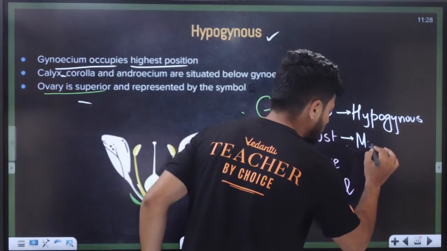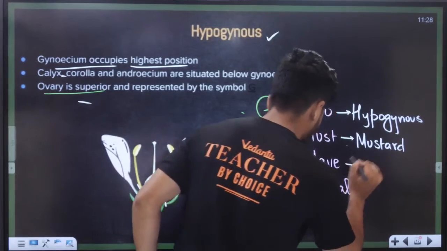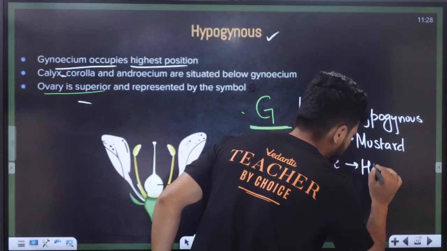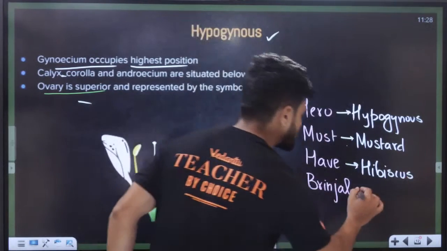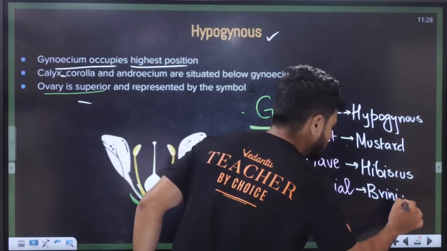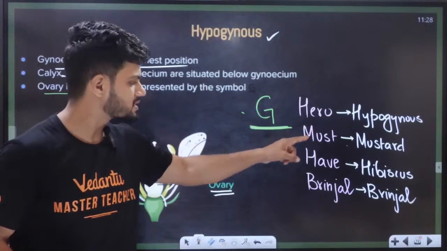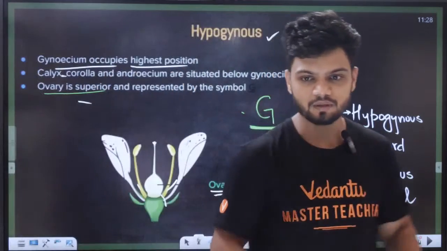H stands for hibiscus. And brinjal stands for brinjal. The hero must have brinjal. Hypogynous condition: mustard, hibiscus, and brinjal. Clear, all of you?